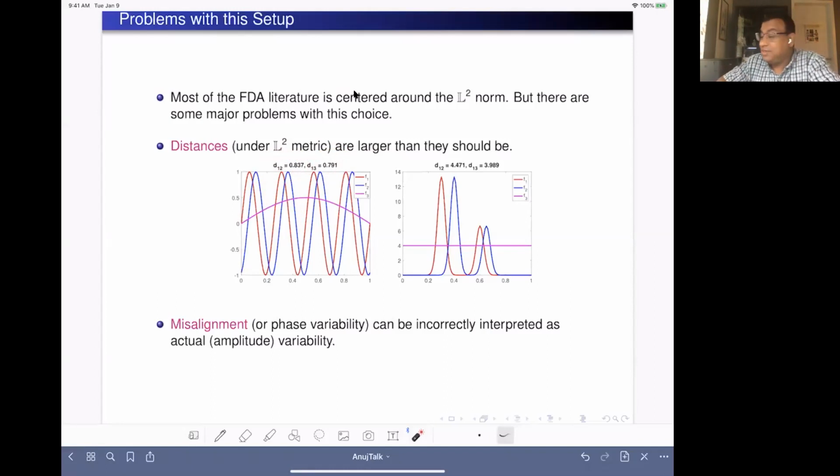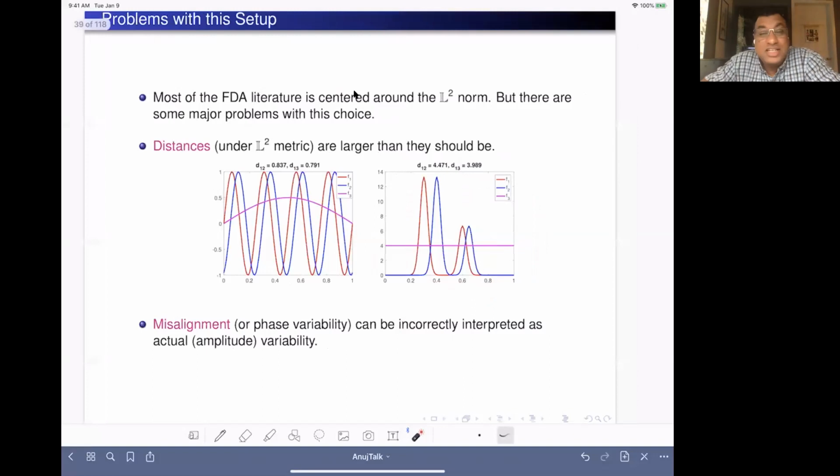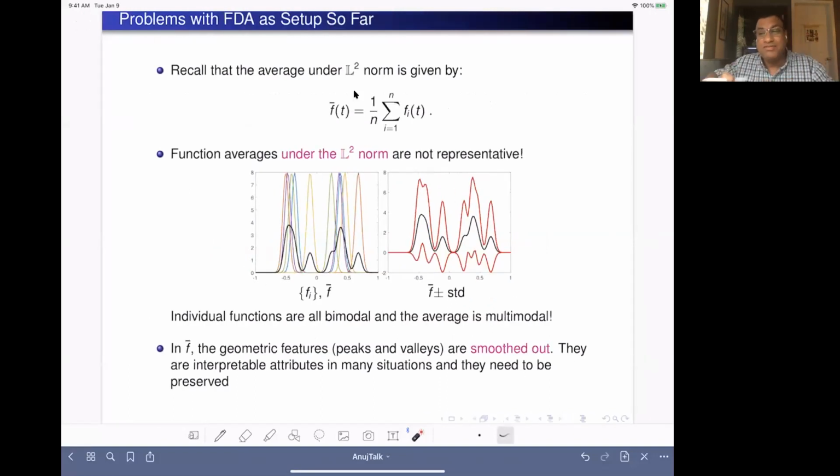I can take it to an extreme, and in this case, the distance between F1 and F3 is smaller than the distance between F1 and F2. And again, the difference is because of a shift. The shift is something called phase variability, and this phase variability is a big nuisance in functional data. It's something very special to functional data. It's not present in our vector calculus, multivariate calculus, tensor calculus, and so on.